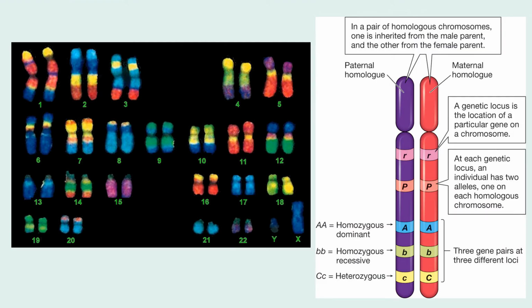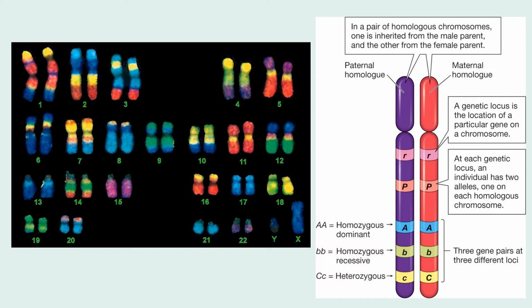So here is a picture. These chromosomes have been stained just to make them show up a little bit more, and you can see that you've got 22 pairs of chromosomes plus the sex chromosomes. Depending on your gender, if you are female, you'll have two X chromosomes, whereas if you're male, you'll have an X and a Y chromosome.